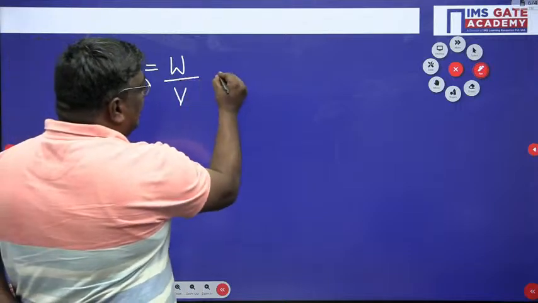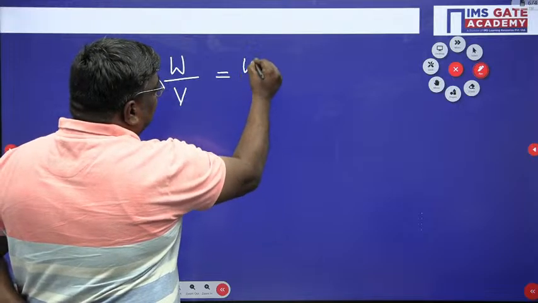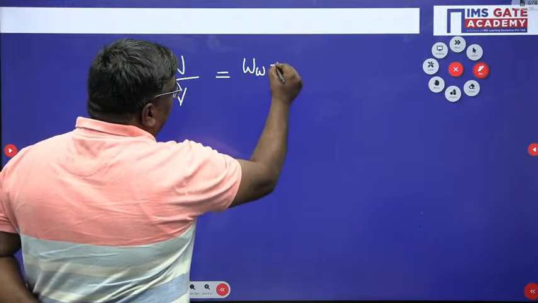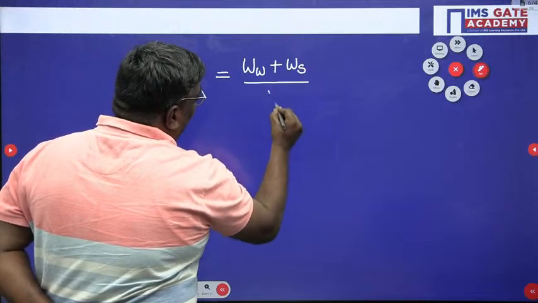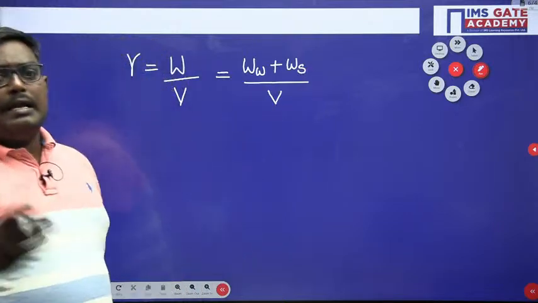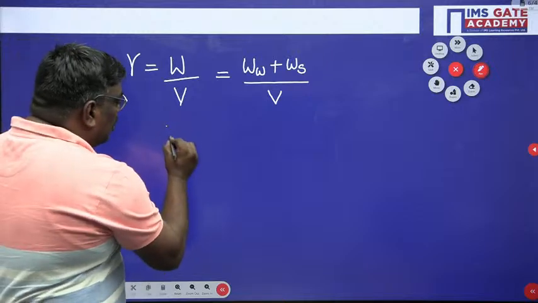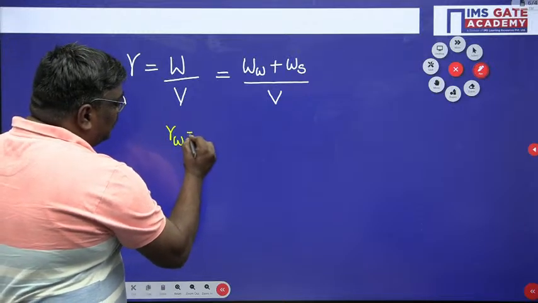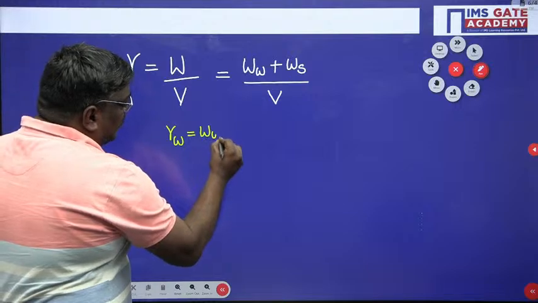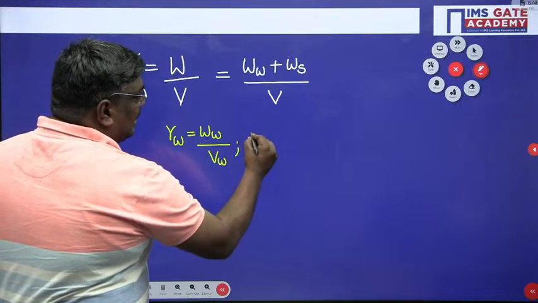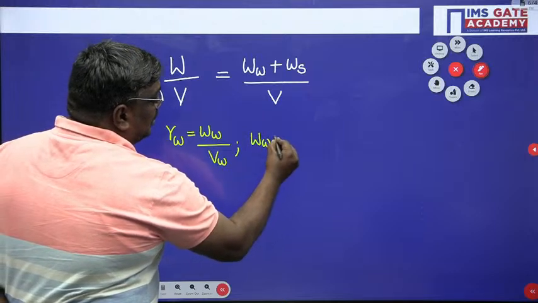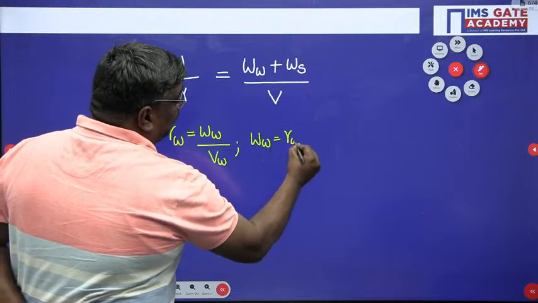So total weight can be written as weight of water plus weight of solids upon total volume. Now, as you know, gamma W is equal to weight of water by volume of water, and you can write weight of water is equal to gamma W into VW.